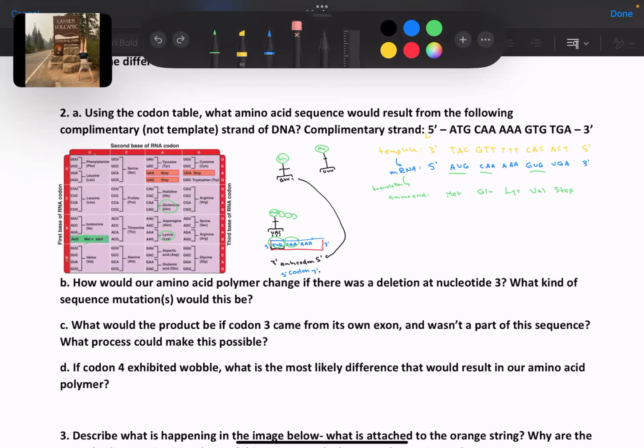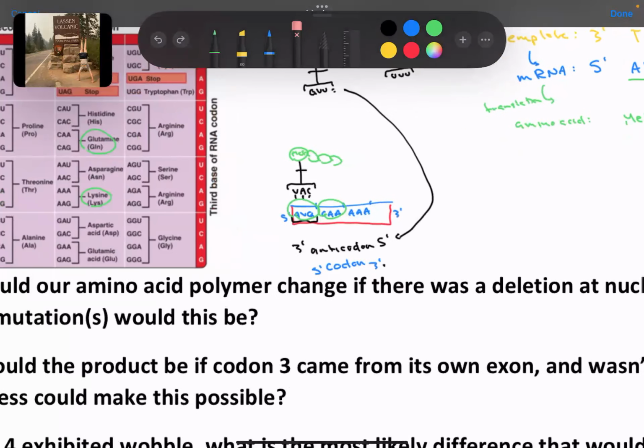So part B: how would our amino acid polymer change if there is a deletion at nucleotide 3? What kind of sequence mutation would this be? Okay, so amino acid polymer. What's a polymer? We can break it down. We've heard this word before, I'm sure, but mer means unit or units.